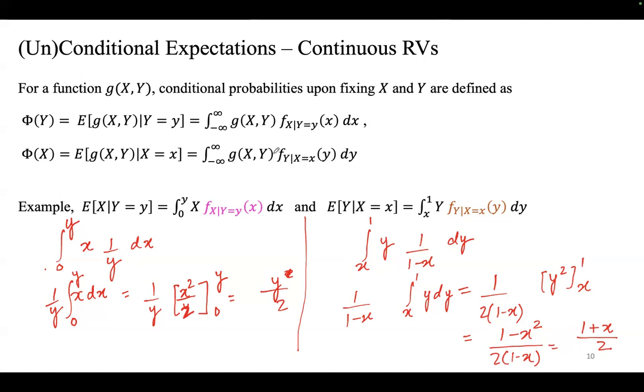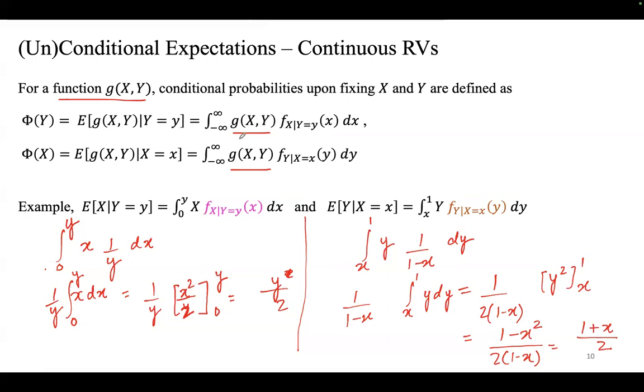You can fit in any expression and what you get is the expectation of that function, whatever that function is, when you are satisfying a certain criterion, that you're fixing a value of y and you're interested in all possible values of x, just as what we are doing in this case.